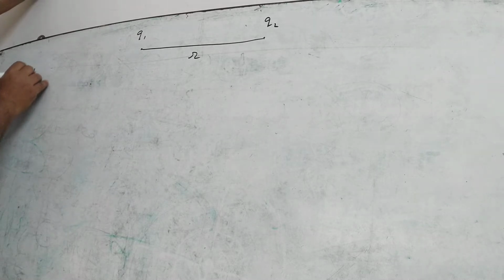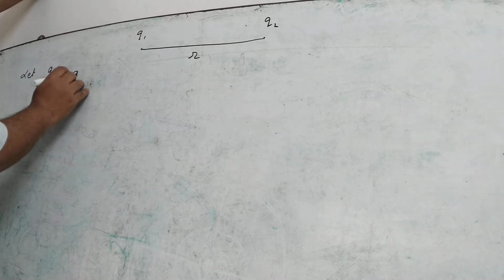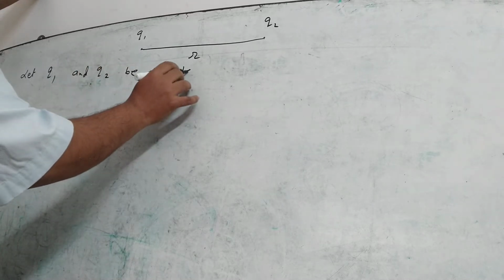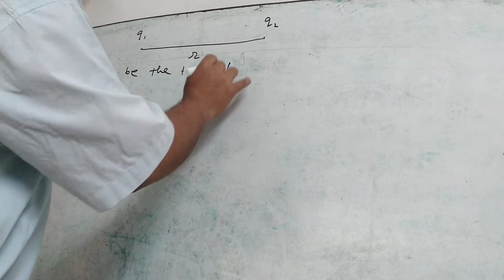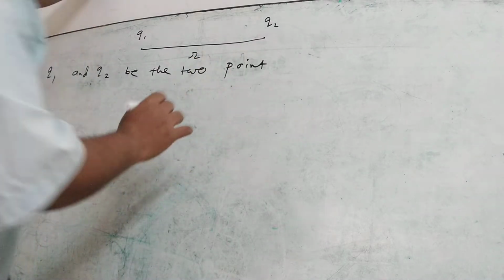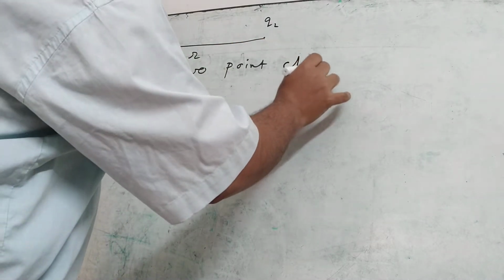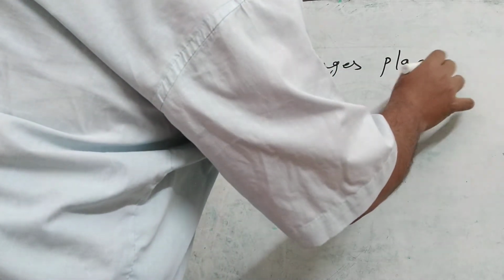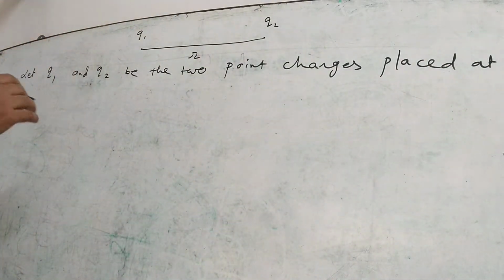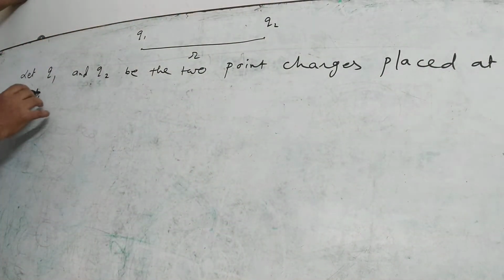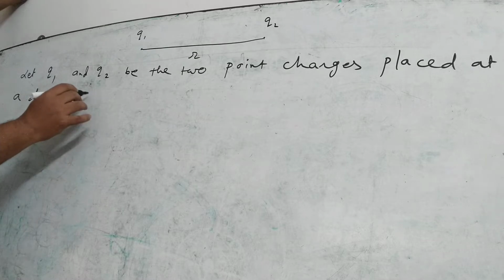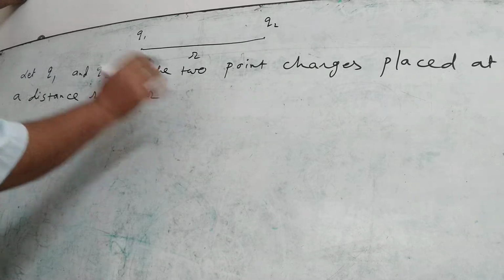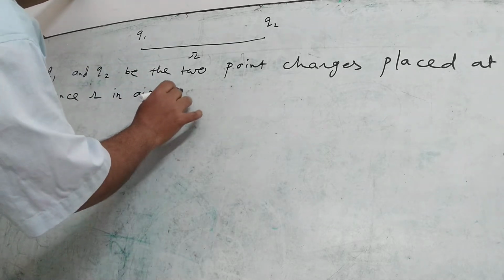Let Q1 and Q2 be the two point charges placed at a distance r in air or vacuum.